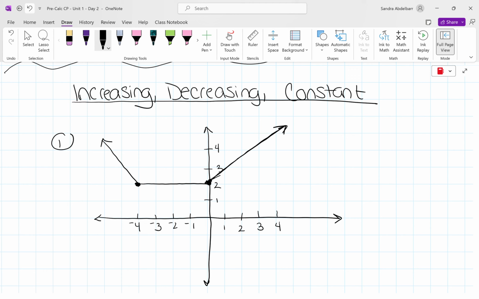I had to erase that point. There we go. I'm just waiting for everybody to draw the graph.